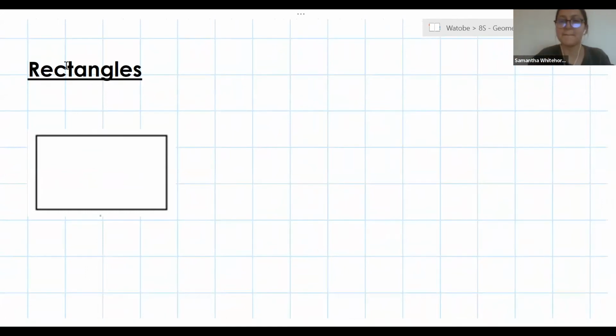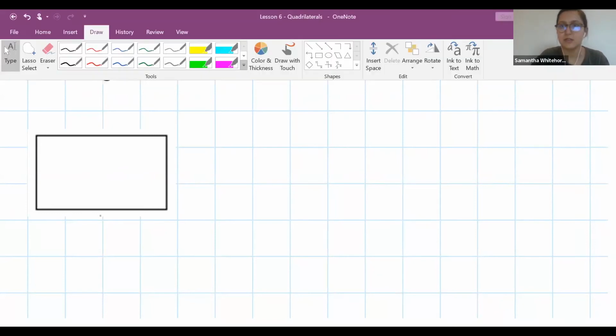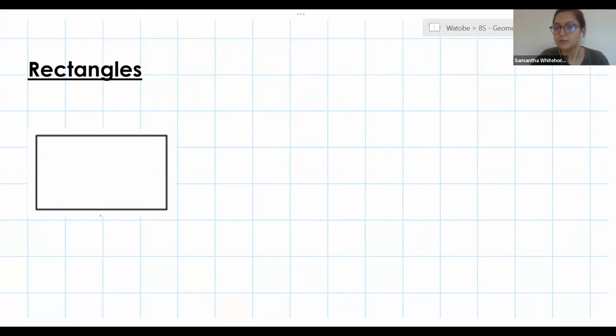Let's see. I'm seeing hands. Sorry, everyone. Amiki, tell me something about a rectangle.